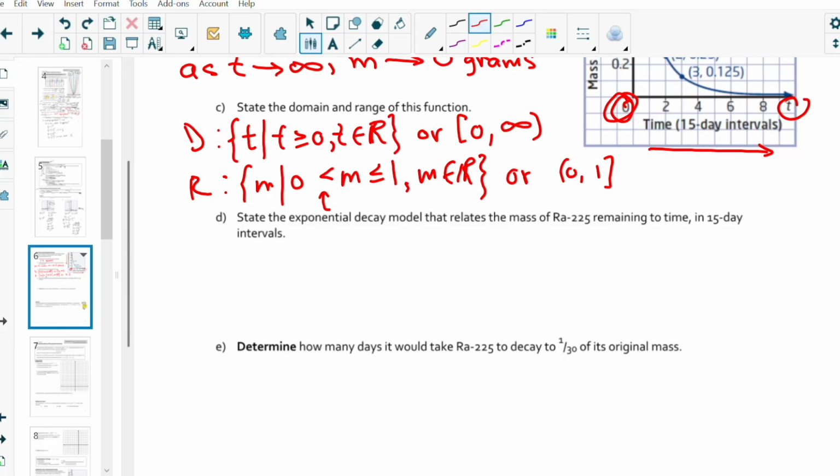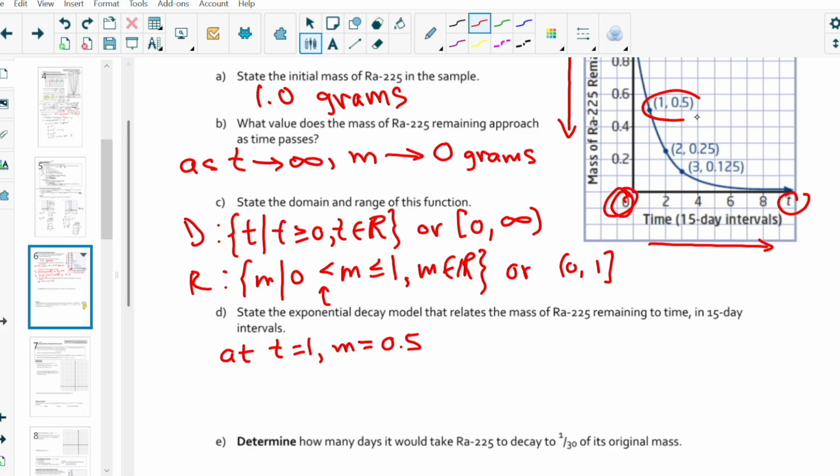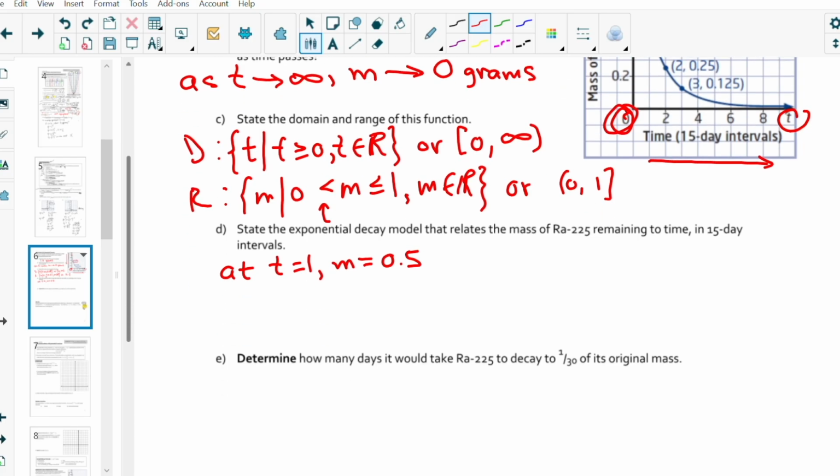State the exponential decay model that relates the mass of radium-225 remaining to time and 15-day intervals. Okay, let's build the equation like we did before. At t equals 1, m equals 0.5. So that is something right there on the graph. Y equals c to the x.